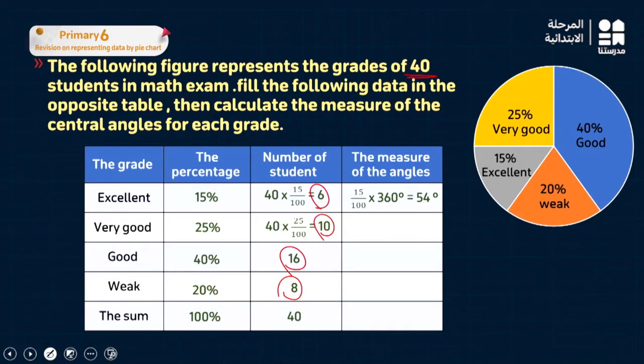If I want to find the very good students, very good equals 25%.